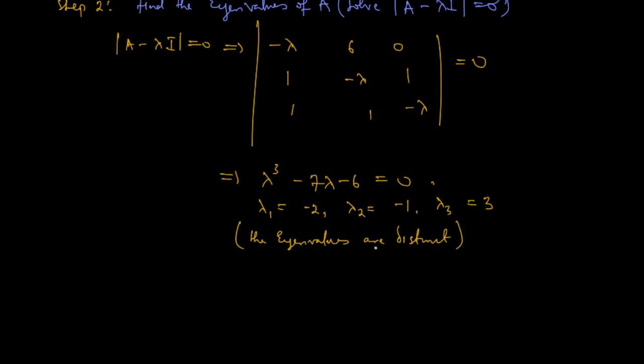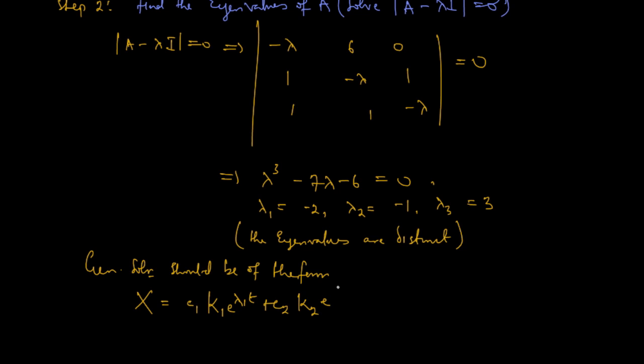We have different cases, but for this case where the eigenvalues are distinct, the form of the general solution should be of the form x equals c1 k1 e to the power lambda 1 t plus c2 k2 e to the power lambda 2 t plus c3 k3 e to the power lambda 3 t.